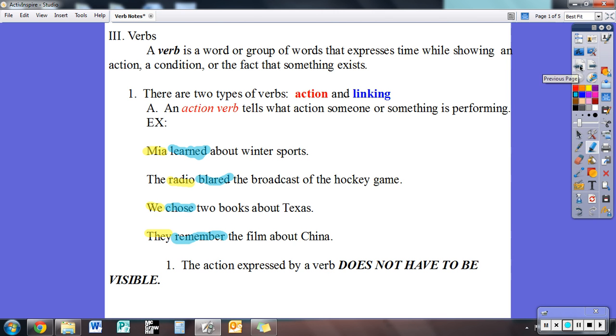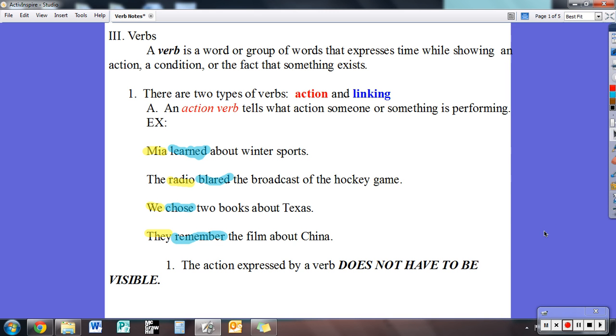And just like with nouns, we have abstract nouns where we know that they exist, but you can't use one of your 5 senses to show that it's there. We have that same thing with verbs, and so that's why I have this number 1 down here. It's a note about action verbs, and it says the action expressed by a verb does not have to be visible, because like in these last 2 examples, you can remember something and no one else has to know that you're doing it, so it's not visible.